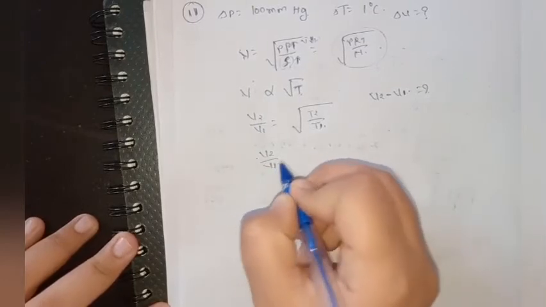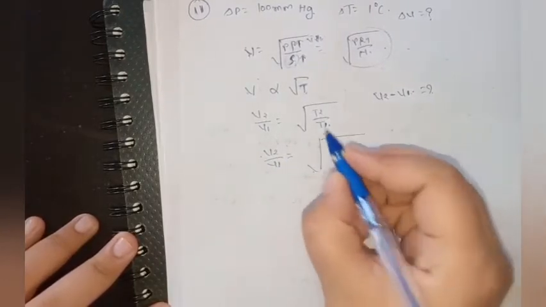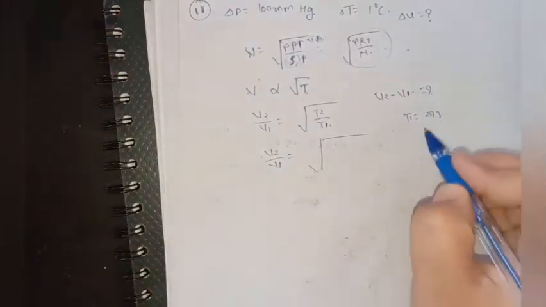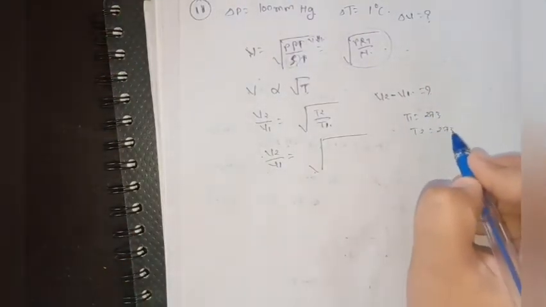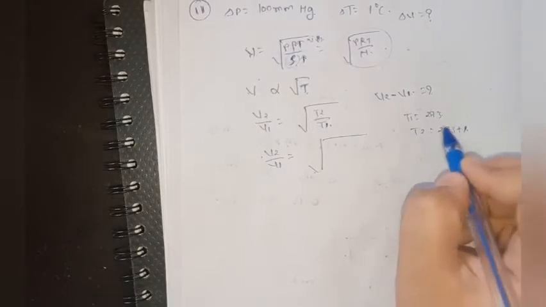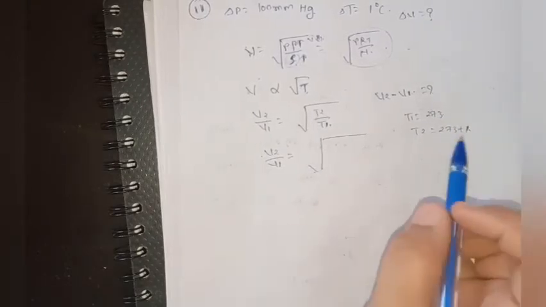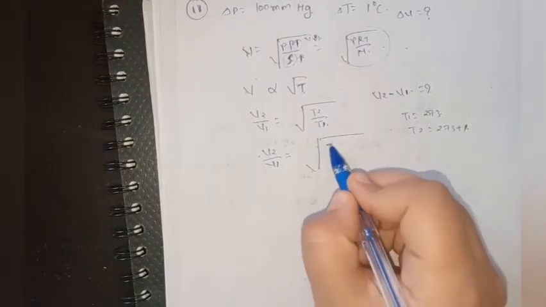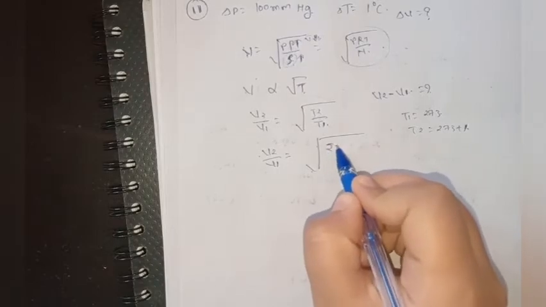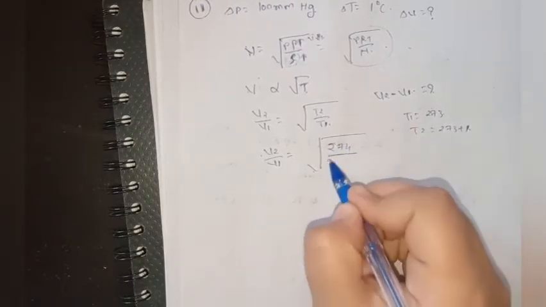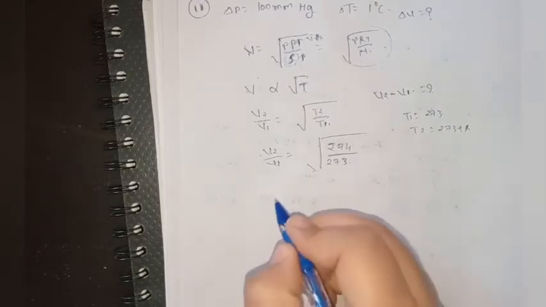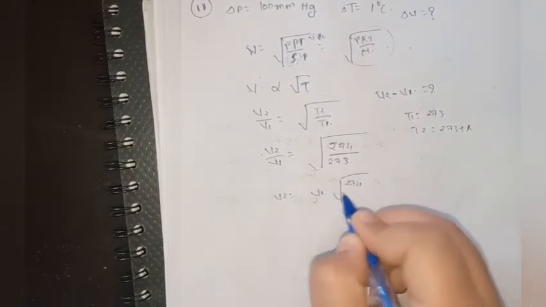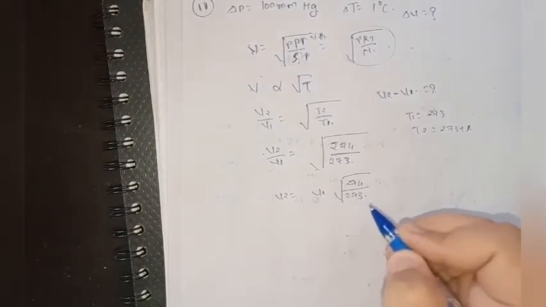v2 by v1 can be written as under root, let's say t1 is 273, so t2 will be 273 plus 1, this is room temperature or 0 degree Celsius. So t2 will be 274 divided by t1 273. So v2 will be v1 under root 274 divided by 273.